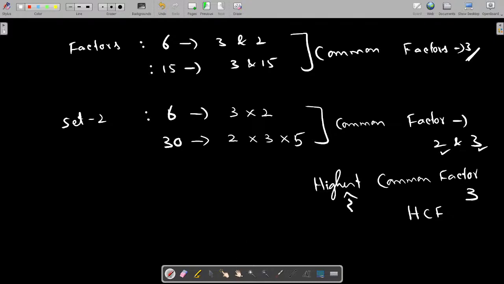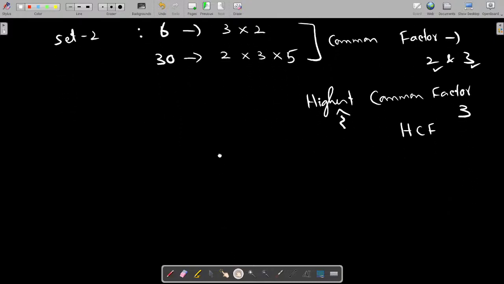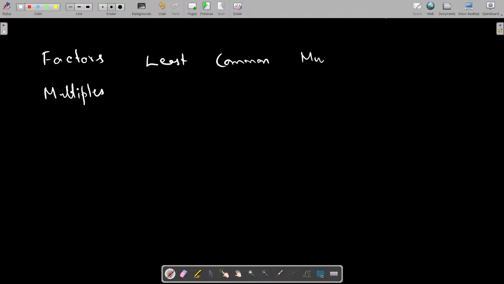So what are the things we have seen now? Can you summarize please? We started with what we mean by factors, what we mean by multiples, then least common multiple and highest common factor.